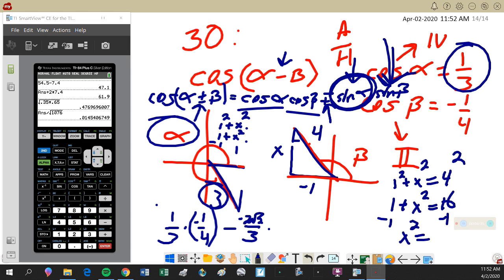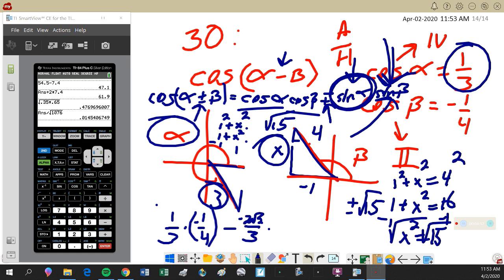X squared equals 15. Take the square root, and I get plus or minus root 15, and I have to choose which one to use, but x is a y value in quadrant 2, so it's positive, root 15. So the sine of beta is going to be root 15 over 4, opposite over hypotenuse.